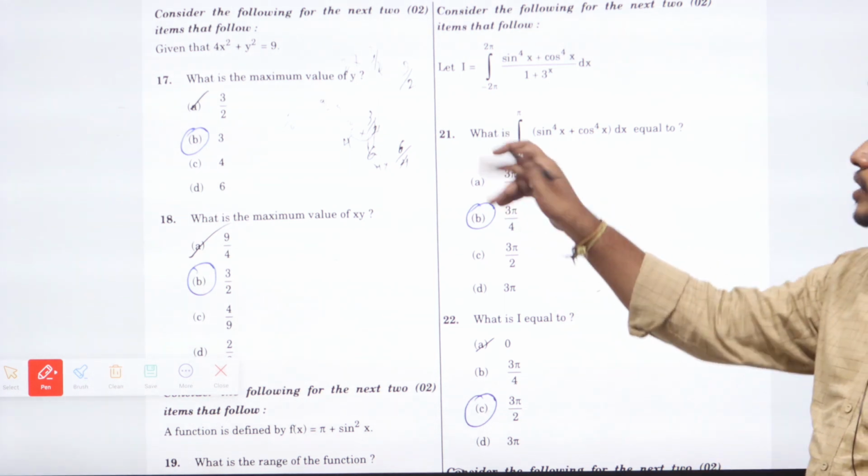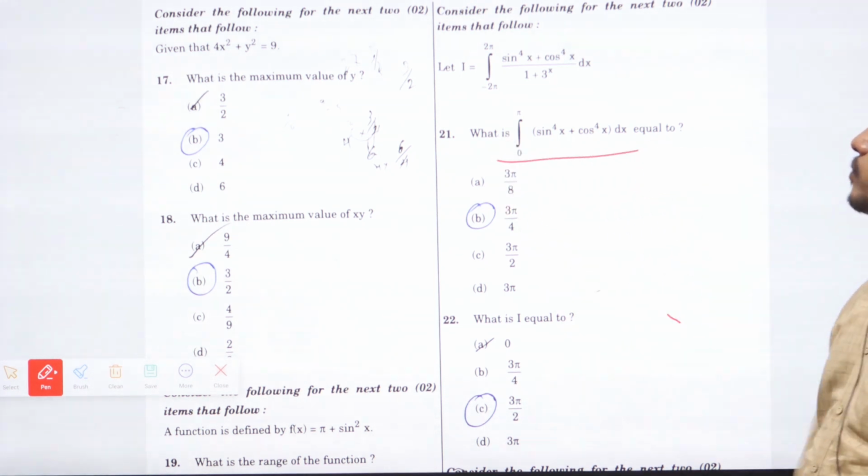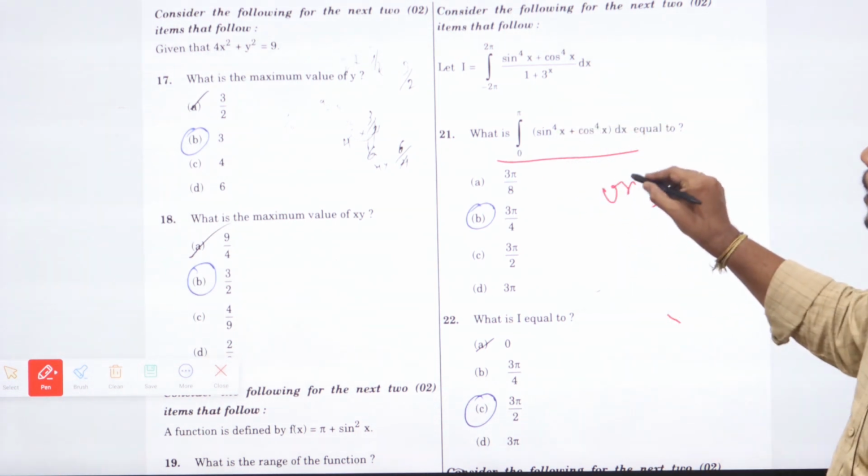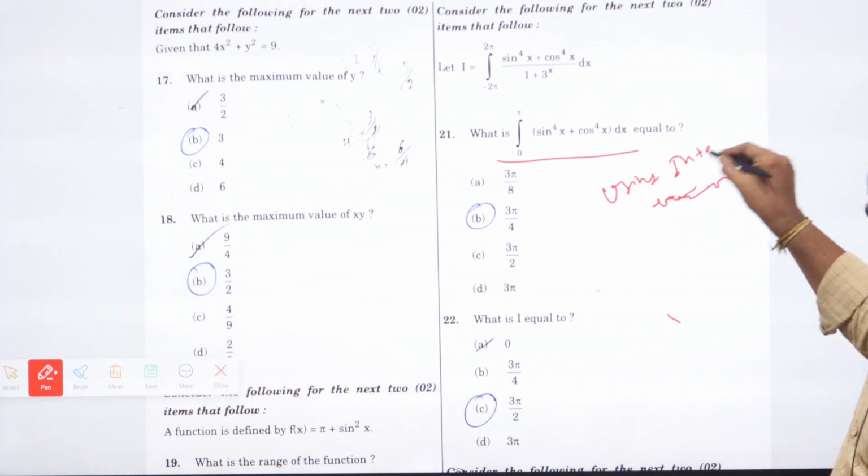The first problem is to find the integral from 0 to pi of (sin⁴x plus cos⁴x) dx. We have to solve this using integral properties.